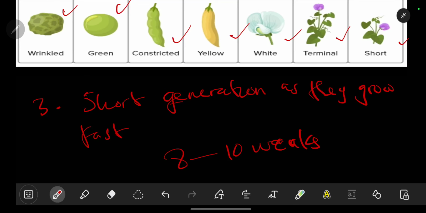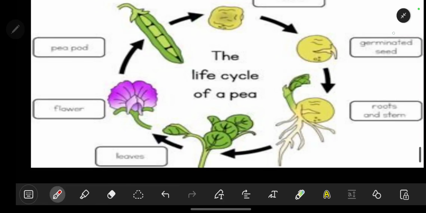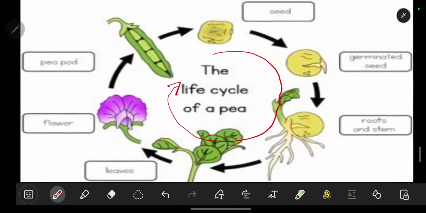So they are able to grow fast, which makes it very possible for us to study how each trait is affected in different conditions. This cycle is very fast, and it is important that it should be fast so that we are able to see and determine the properties.